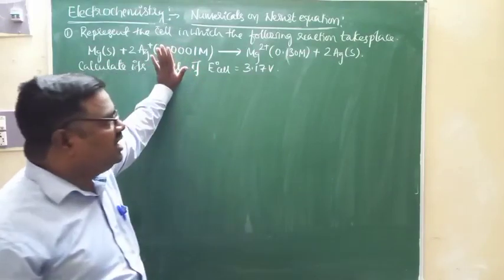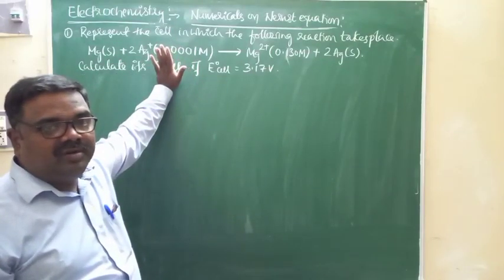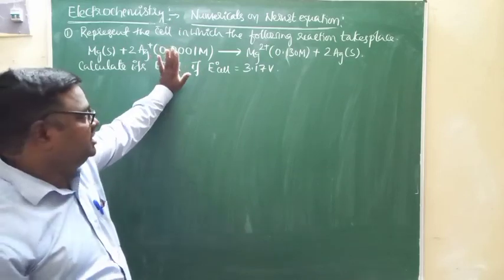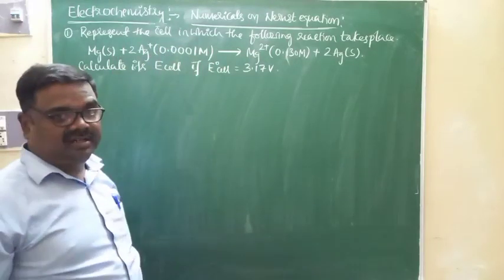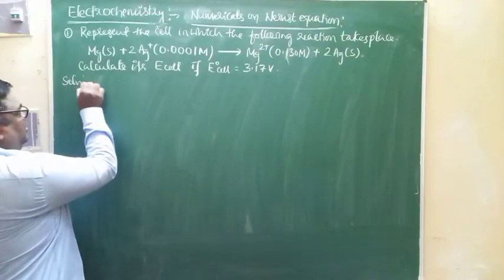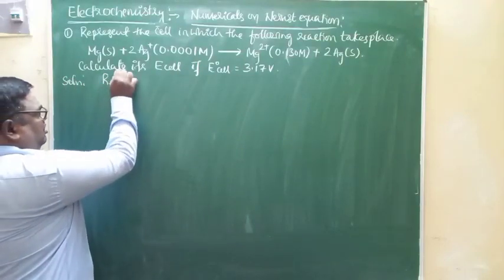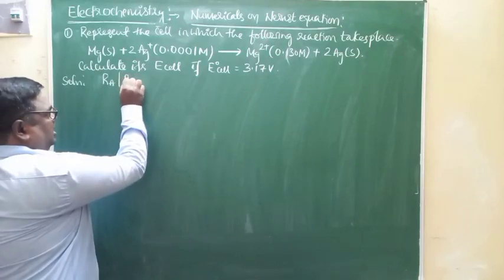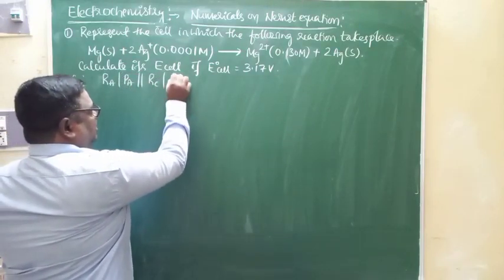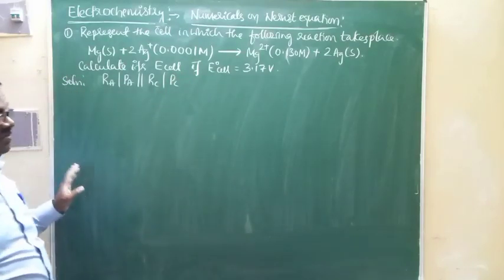First we have to write the cell representation: reactant at anode, product at anode, double vertical line, reactant at cathode, and product at cathode.